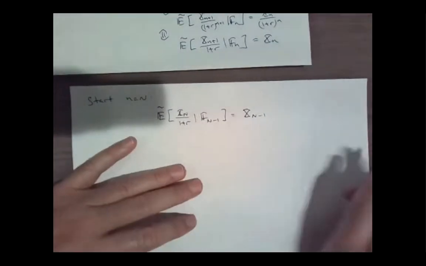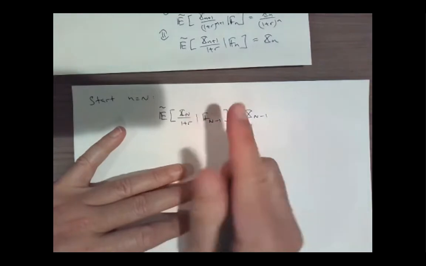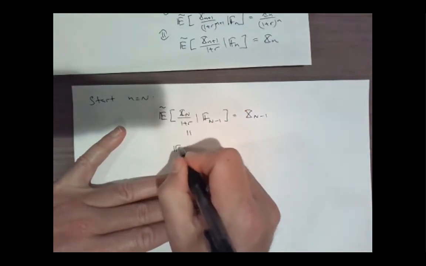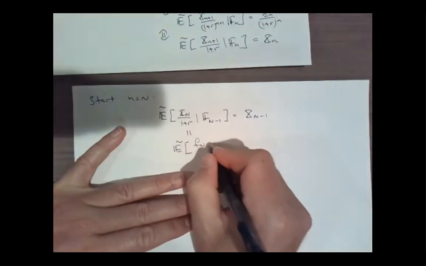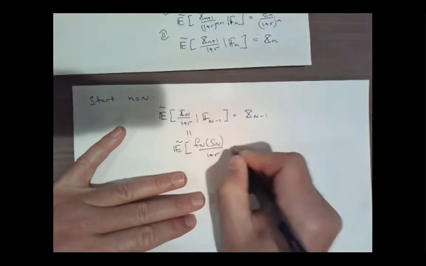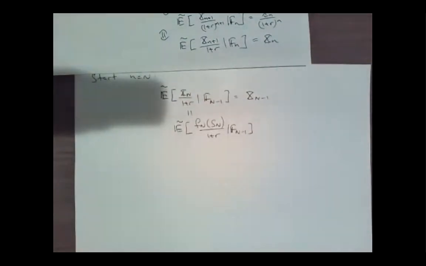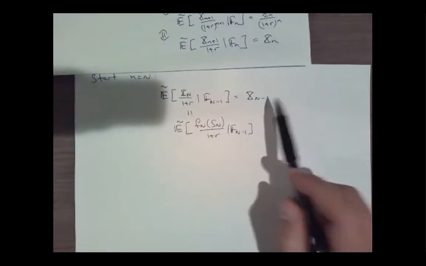But on the other hand, I know what I want X_N to be, because I want the replicating property. This is going to be f_N of S_N divided by 1 plus r given F_{N-1}. So this is how we go from capital N one step back to capital N minus 1.